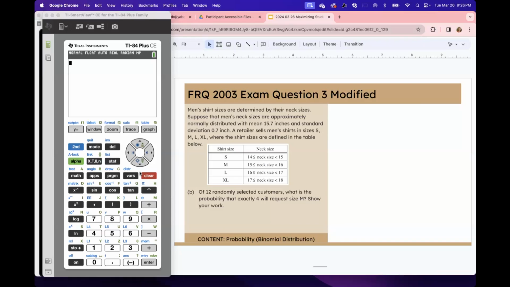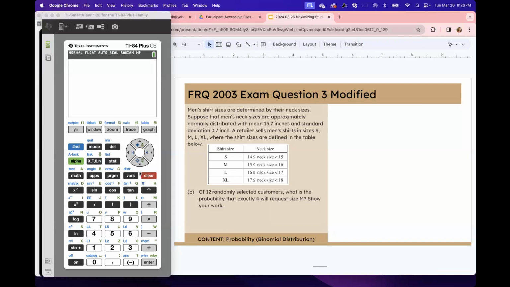So I'm thinking this sounds like a binomial situation, because for each of the customers that we are randomly selecting, we're either going to have one that needs the size M, which I'm going to call a success, or one that doesn't need size M, which I'm going to call a failure.